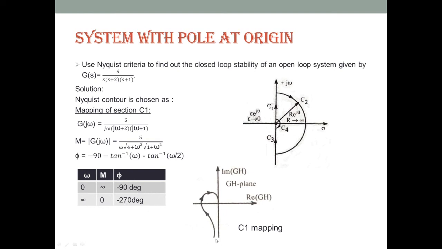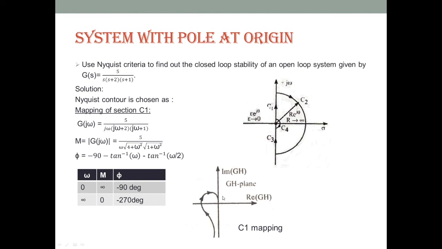So we start drawing the mapping from the minus 90 degree line, where the magnitude is infinite. It then crosses the minus 180 degree line, that is the real axis, and at minus 270 degrees the magnitude becomes 0. This is the mapping of the C1 section.